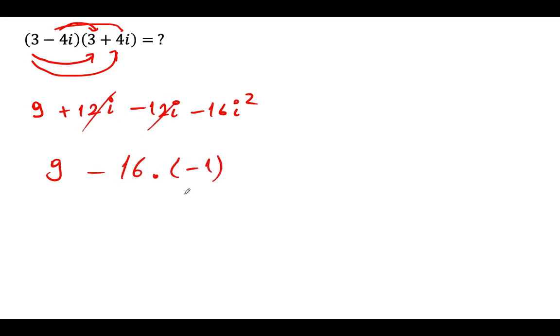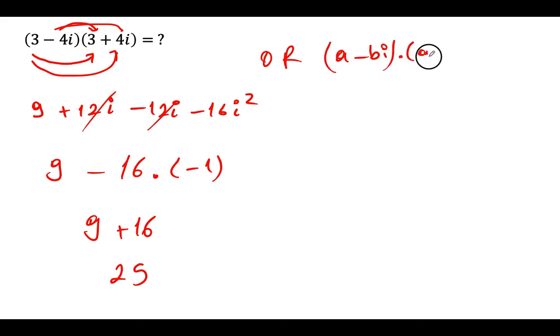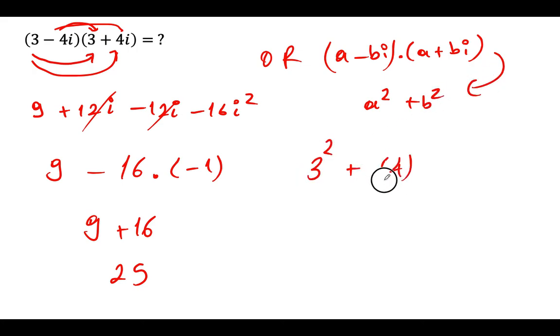Instead of i squared, negative 1. So 9 plus 16, which is 25. Or directly, using the rule a minus bi times a plus bi, if we have this form, a is here 3, and the formula is a squared plus b squared, so it will be 3 squared plus 4 squared, which is 9 plus 16, which is 25.